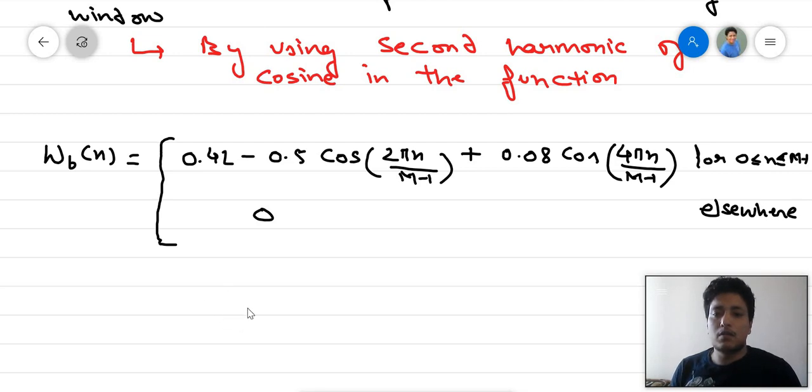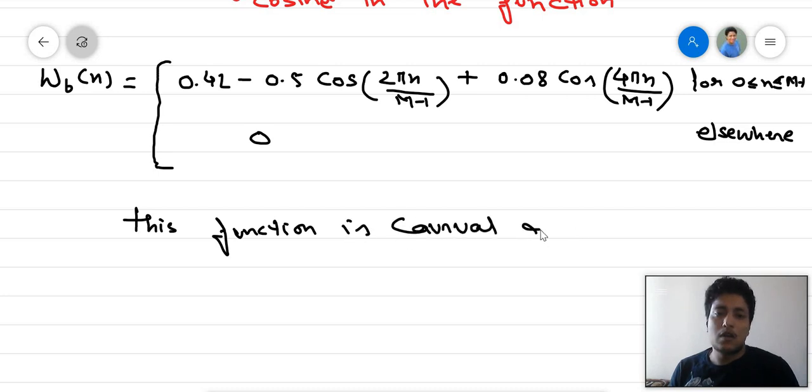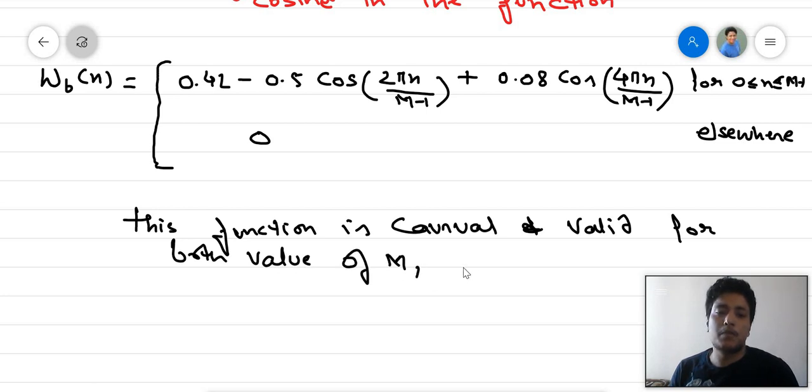This particular function is causal and valid for both values of M, even and odd.